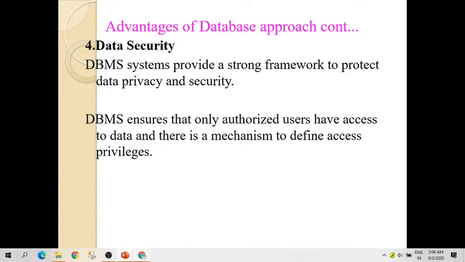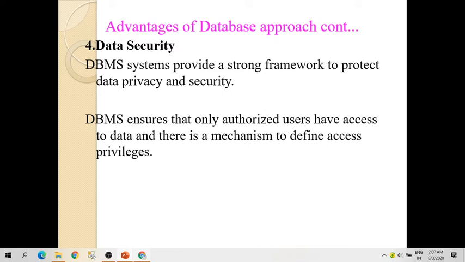The next advantage is data security. DBMS provides a strong framework to protect data privacy and security. So it provides a framework, and only authorized users can access the data.